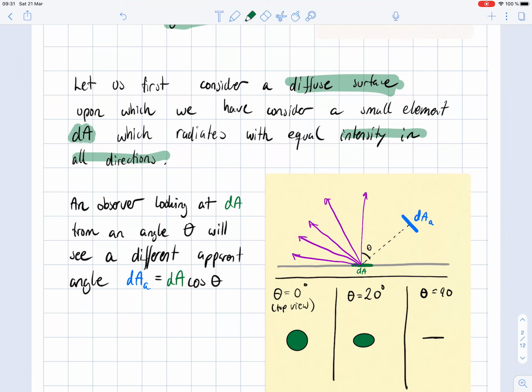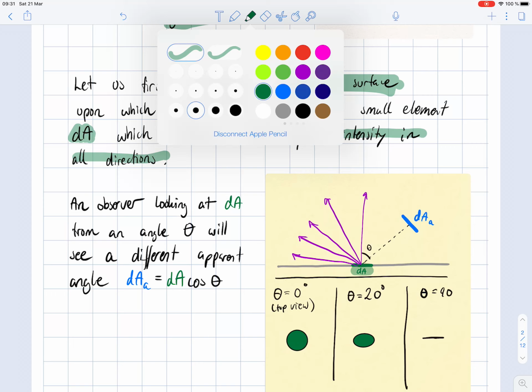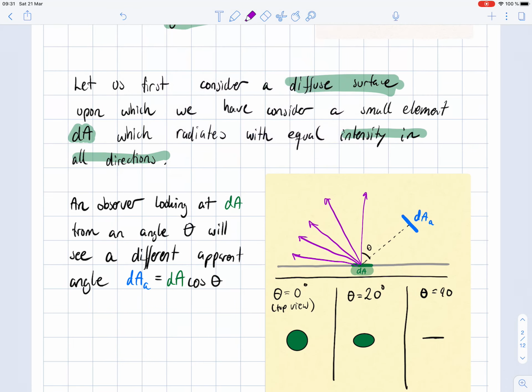So this is just a starting point for the geometry. Our area on the surface is here, and this area is a diffuse surface, which is why we have radiation going in all directions, as opposed to a polished surface where it will only be reflected based on a specific angle.